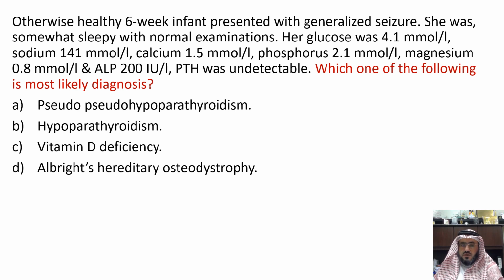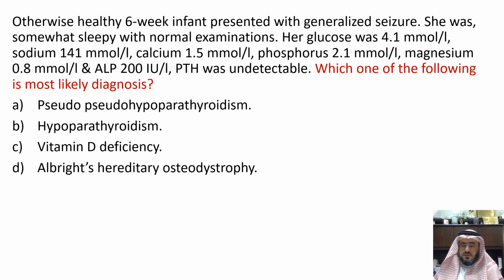Magnesium was normal. Alkaline phosphatase of 200 for 6 weeks of age is normal, not high. You have to remember that the alkaline phosphatase level, the enzyme value, differs according to age. Growing children have high physiological alkaline phosphatase.